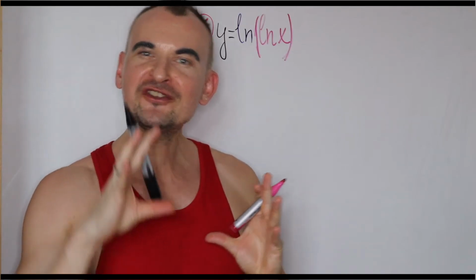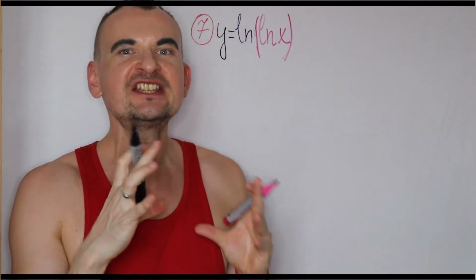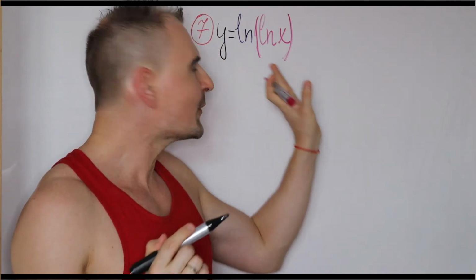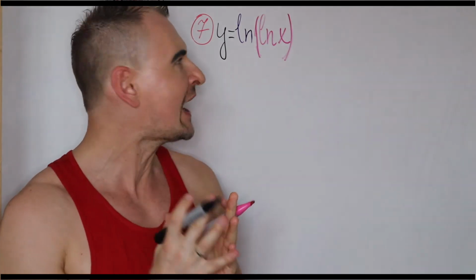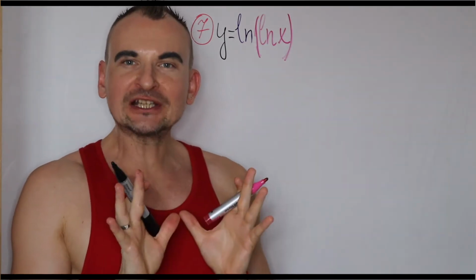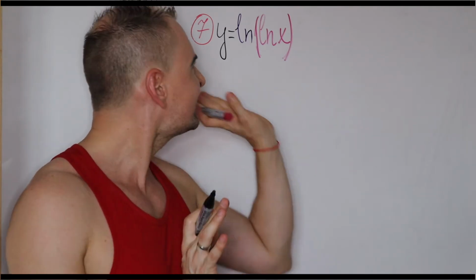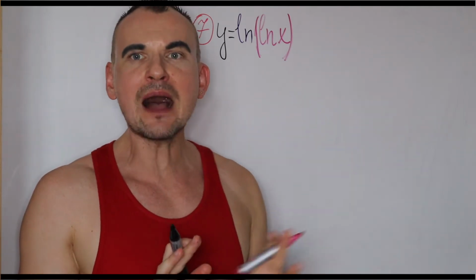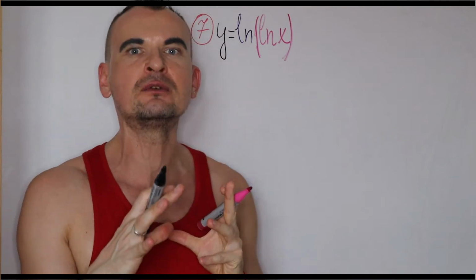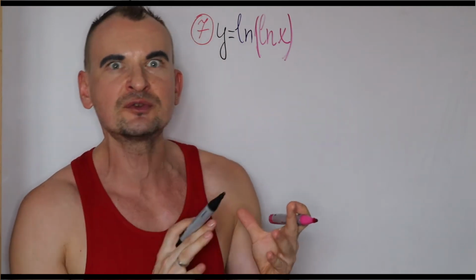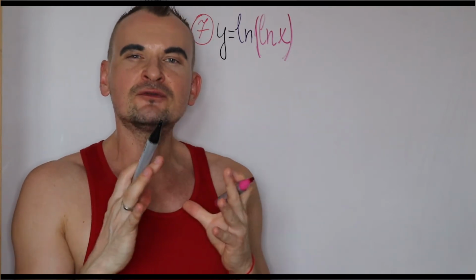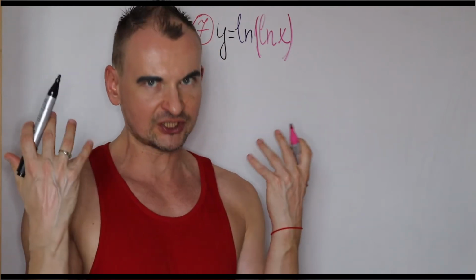Alright, what if your inside function is made of ln of x itself? So it looks a little bit peculiar. And to be perfectly honest with you, I'm giving this example to you on purpose in order to highlight and emphasize that your inside function could be something different from an algebraic function, what we did before.